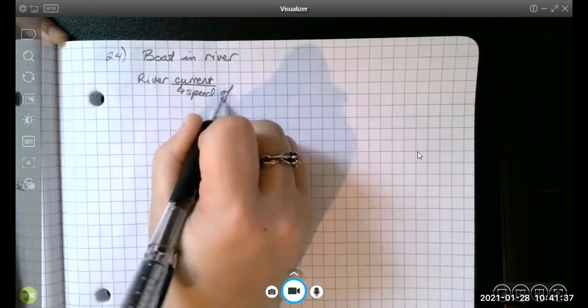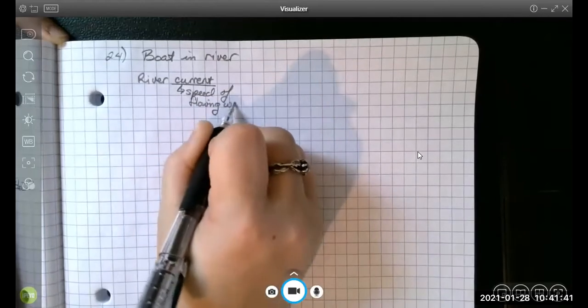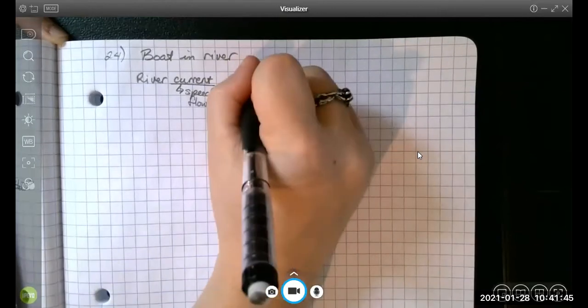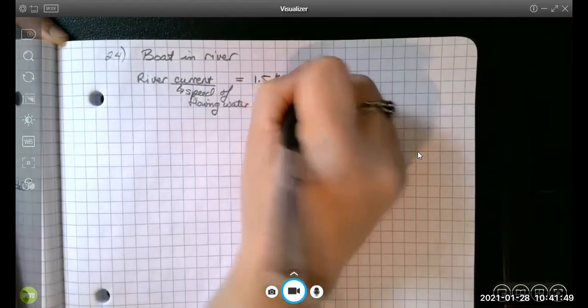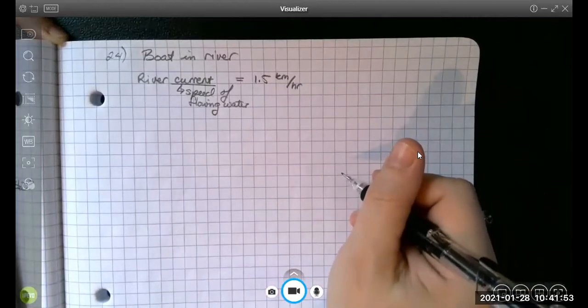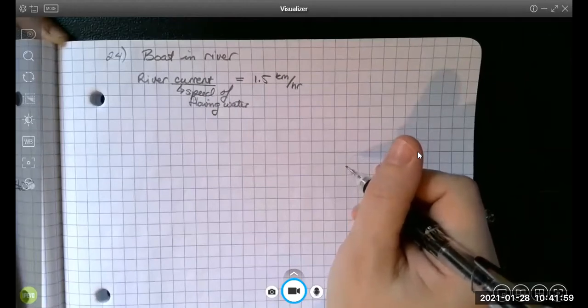The speed of flowing water. So the river current is equal to 1.5 kilometers per hour. So it's a nice lazy kind of river. In 1 hour, the boat can travel twice the distance downstream that it can travel upstream.